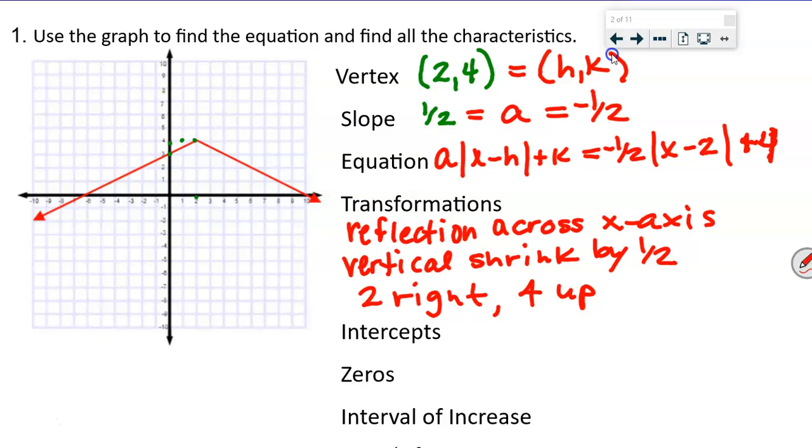Okay, so then our intercepts on this particular graph, we can actually see them here and here. So those are our intercepts, negative 6, 0, and 10, 0. And I want to talk to you all about how to solve these in case you can't see them. So when we're solving them and we can't see them, we say 0 equals our equation, which is negative 1/2 absolute value of x minus 2 plus 4.